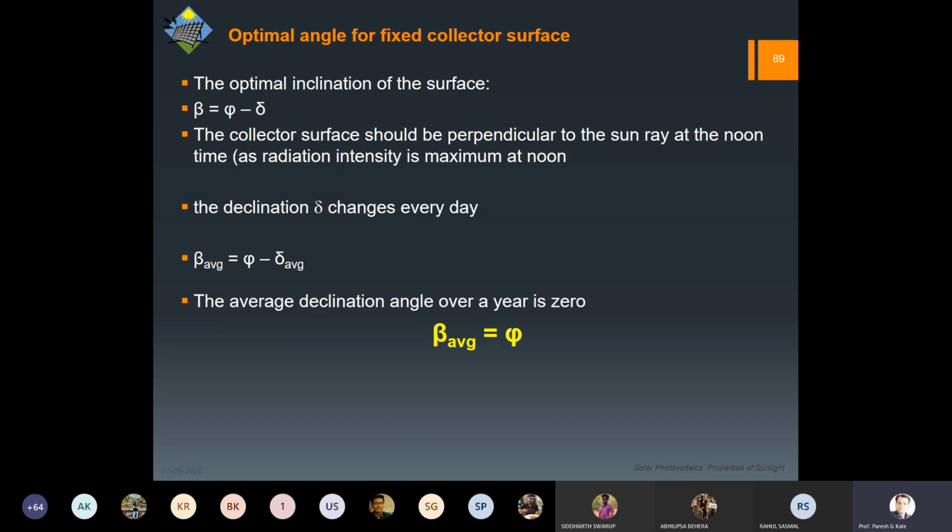So you should maintain enough distance between the two panels such that, due to the shadow, the other panel doesn't lose power production. So your land requirement goes on increasing as you increase beta, or as you move towards the northern hemisphere. So these are the points.